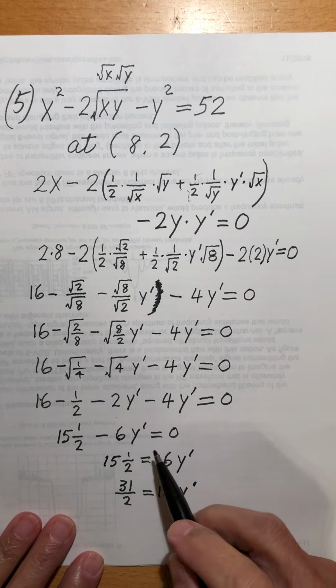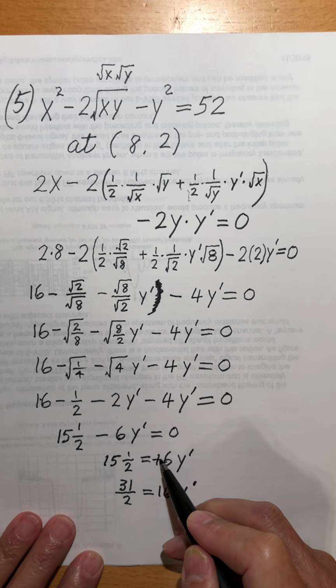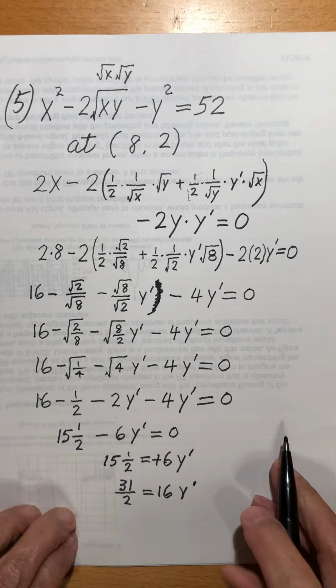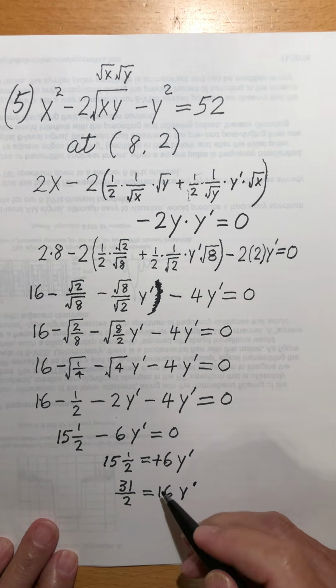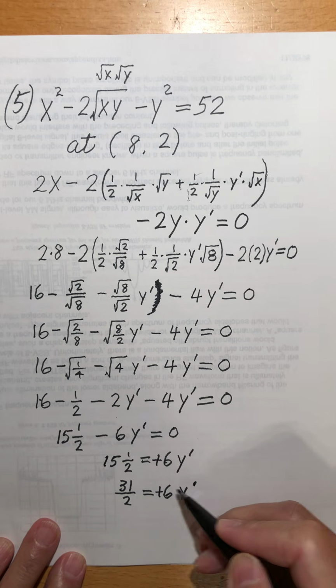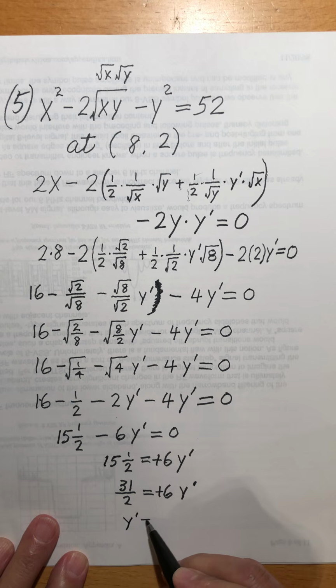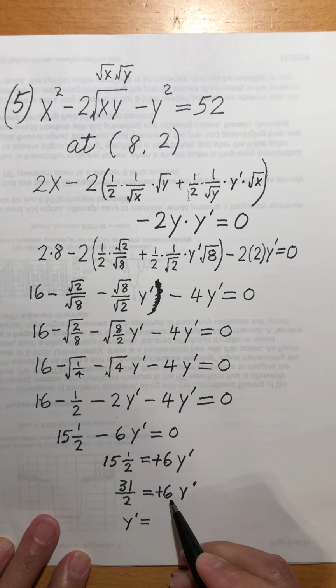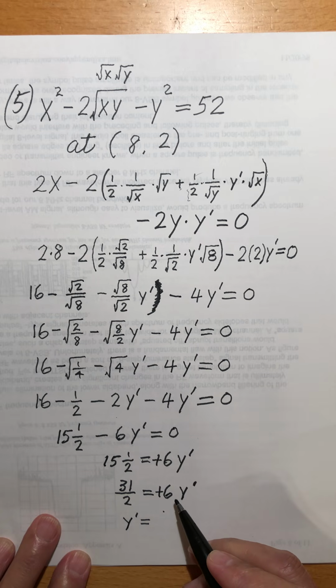Move to this side is plus. It's not 16, it's plus 6y. I'm sorry, I made too many mistakes here. So it's plus 6. So y prime is 31.